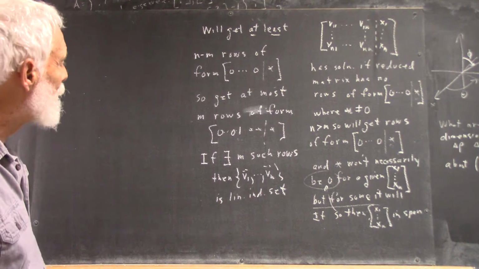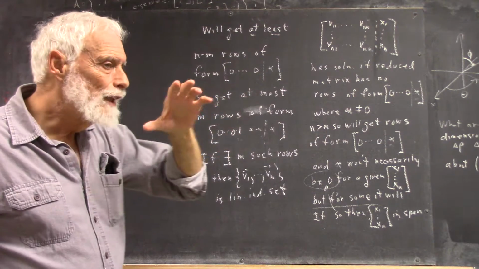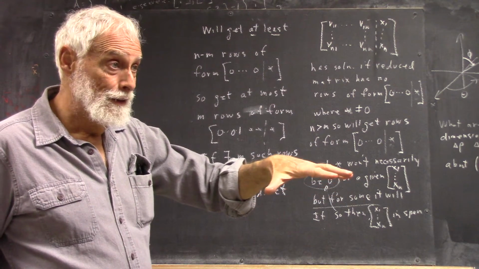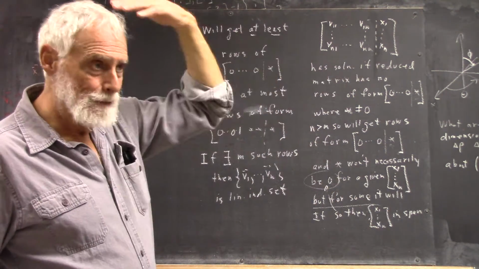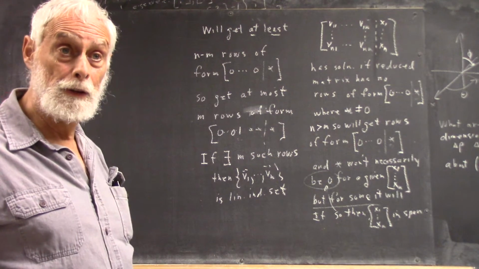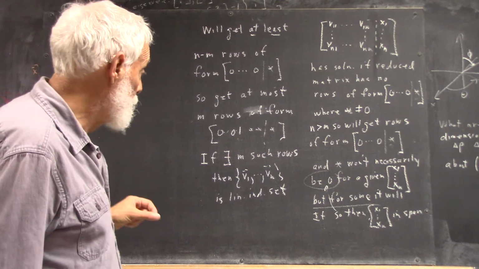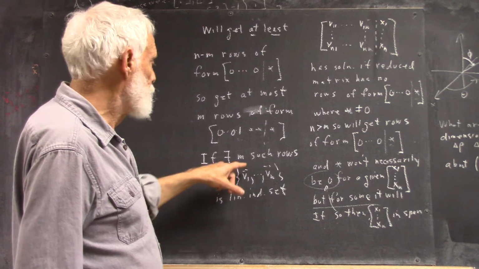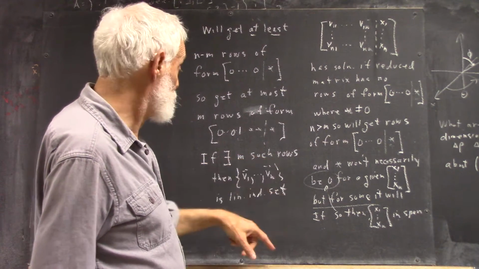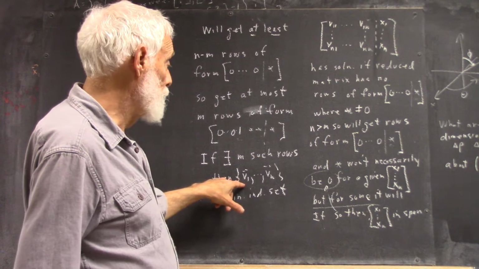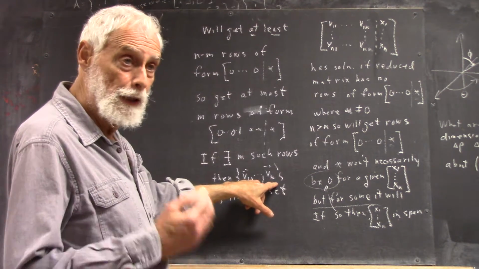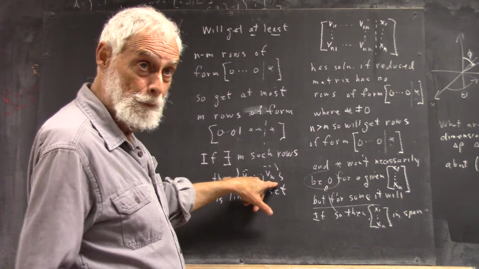Now, I'm not going to be completely rigorous here, because if I say too much, we'll fill in some details on Tuesday. But the bottom line is, if there exist m such rows, then your set V1 through Vm, and remember m is the number of vectors you have.